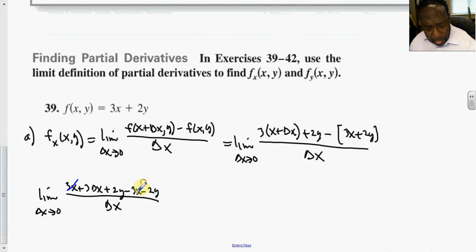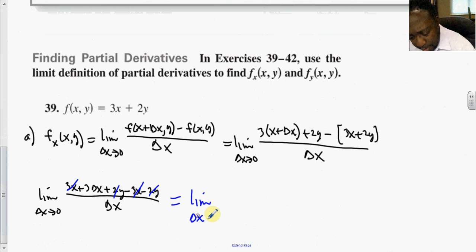Now the 3x's cancel out and the 2y's cancel out. Typically in the cancellation, when we're looking for the limit, everything without a delta y or delta x in it should go away. So we have left the limit as delta x goes to 0 of 3 delta x divided by delta x, and the delta x cancels. We have the limit of a constant, 3.